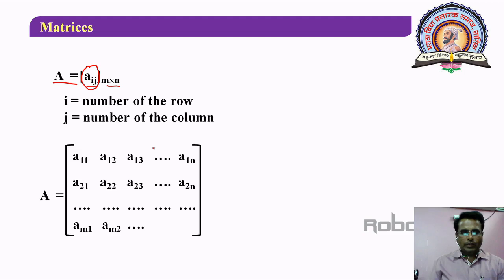Continuing in this way, you can consider the mth row, consisting of elements am1, am2 up to amn. Here amn indicates the element in the mth row and nth column. This is the way of considering a matrix in general form. Here we say that its order is m by n.